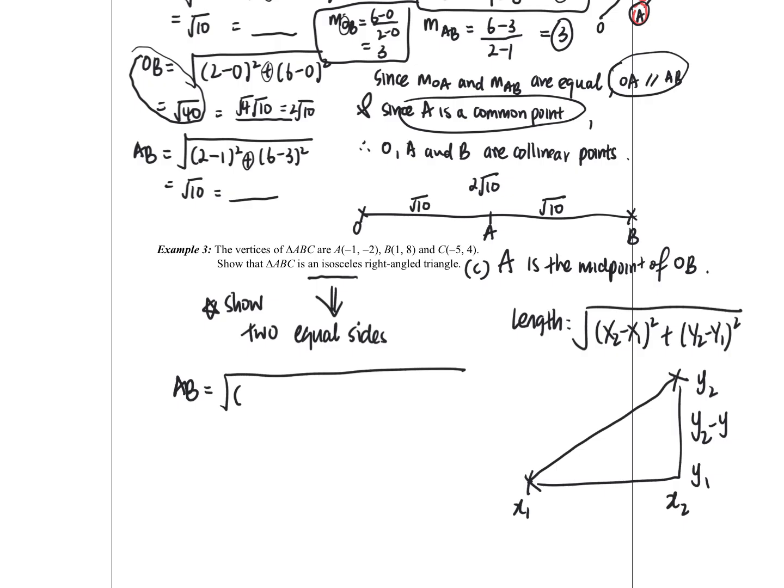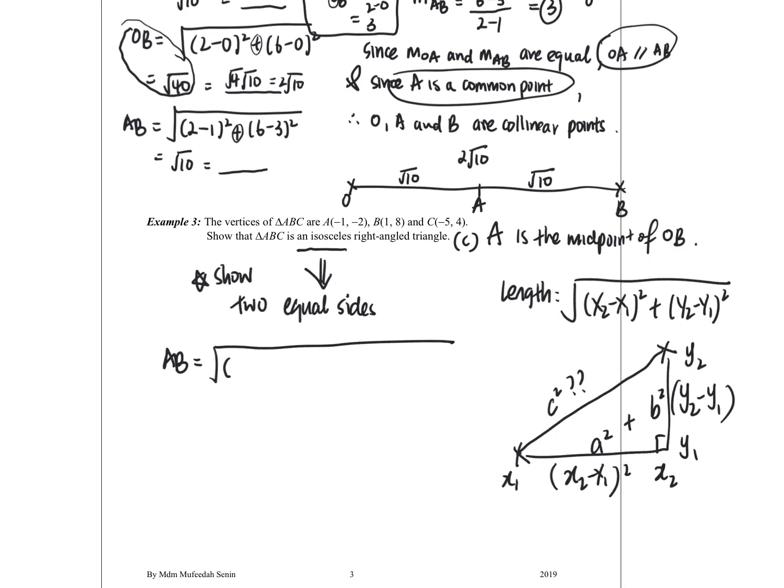The difference between y2 and y1 gives you the height, and the difference between x2 and x1 gives you the horizontal distance. To find the length, you use Pythagoras' theorem: a squared plus b squared equals c squared. So when we use the length formula, we are essentially finding the difference of the x coordinates and adding it to the difference of the y coordinates.